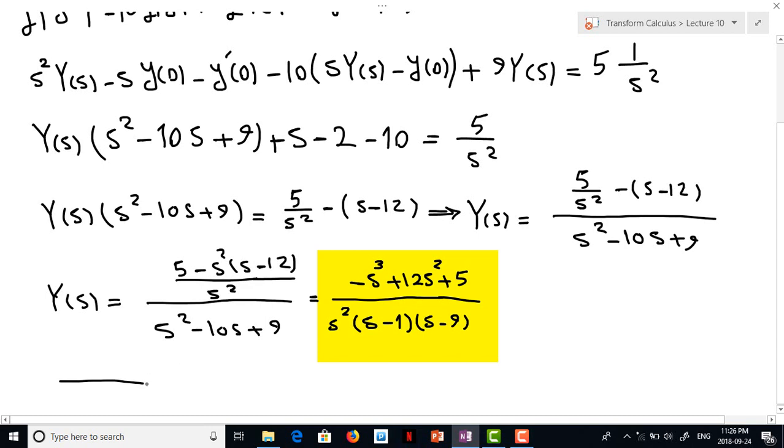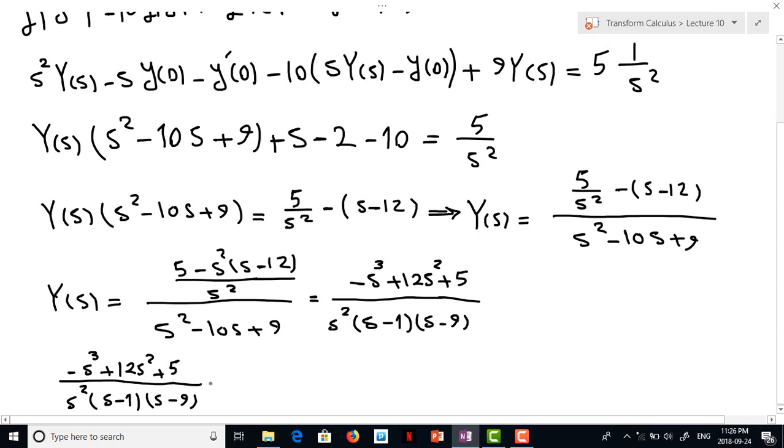If you look at the table of partial fraction, you can see that if we have this function, minus s cubed plus 12s squared plus 5 divided by s squared times s minus 1 times s minus 9, the partial fraction terms are A divided by s plus B divided by s squared plus C divided by s minus 1 plus D over s minus 9.